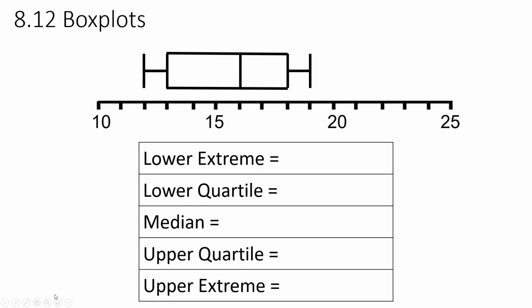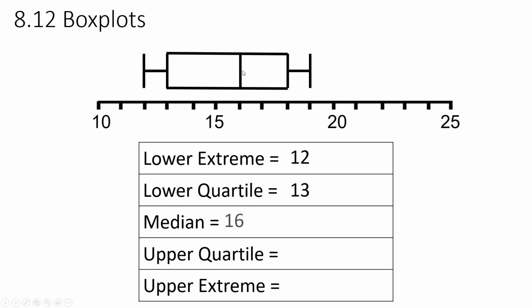Box plots. This is just to read a box plot. Lower extreme is the smallest number that appears in this picture, the lowest value represented by the end of this whisker. We'll talk more about this in the official lesson. Lower quartile is the edge of the box that's to the left. That's aligning with 13. The median is the line in the middle of the box.